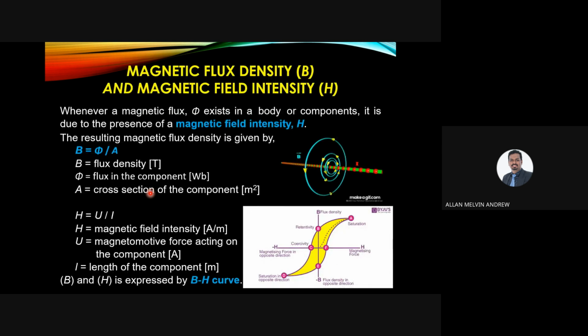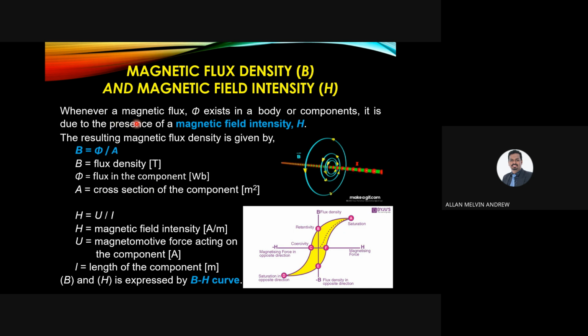Okay, so what is magnetic flux density? Usually magnetic flux density we denote with the capital B, and magnetic field intensity with H. From the name itself we can understand the function of these terms.